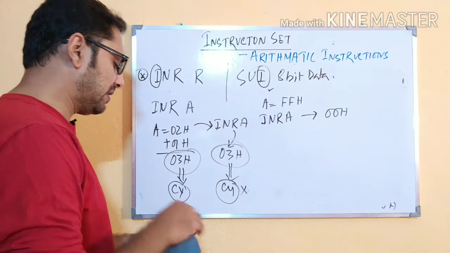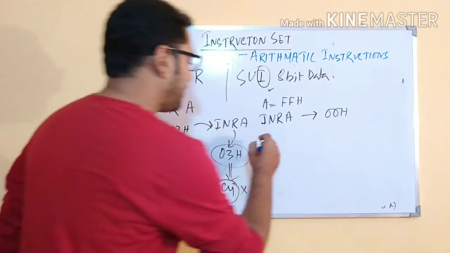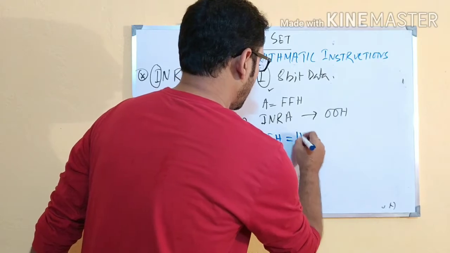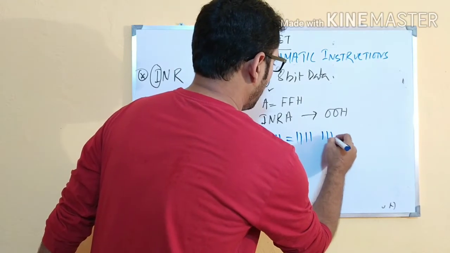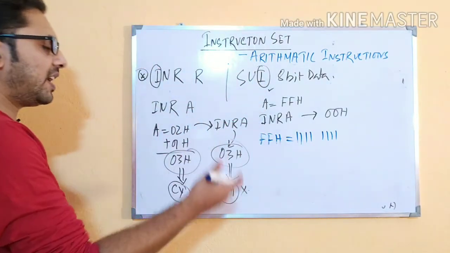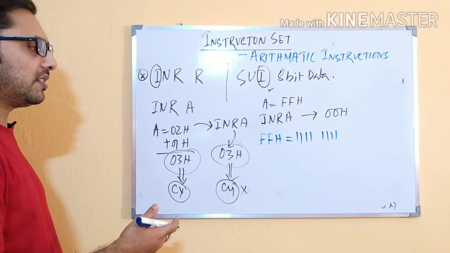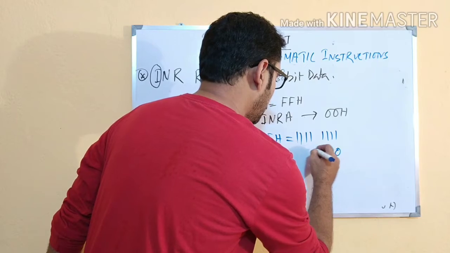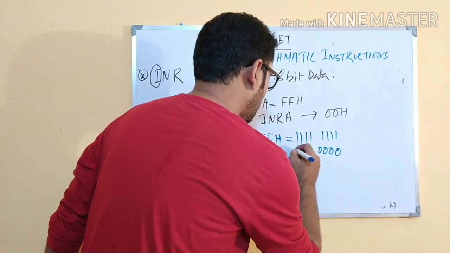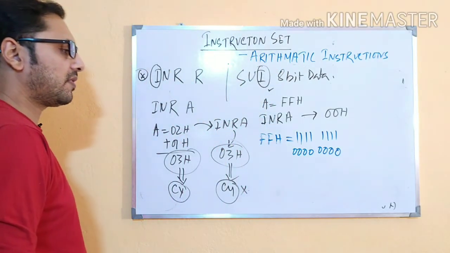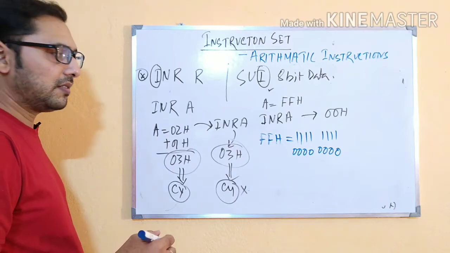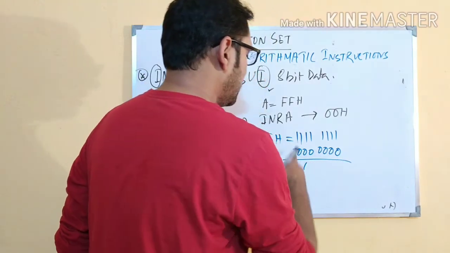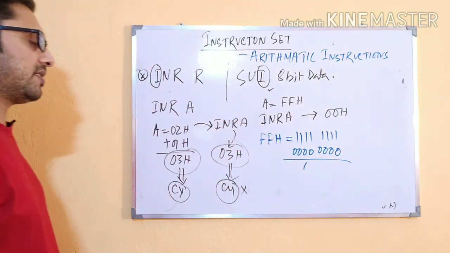If not, then let me explain. FF hex means 11111111. If they get incremented by 1, then the value becomes 00000000. That is for increment. The value will be 00 hex.